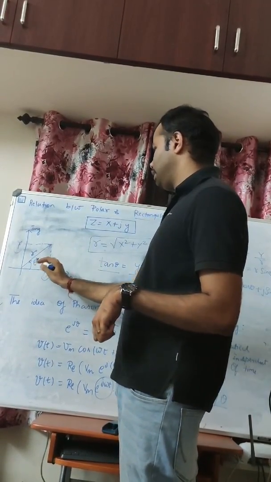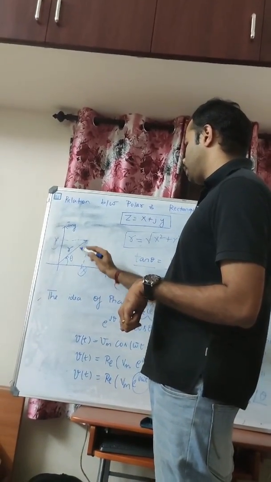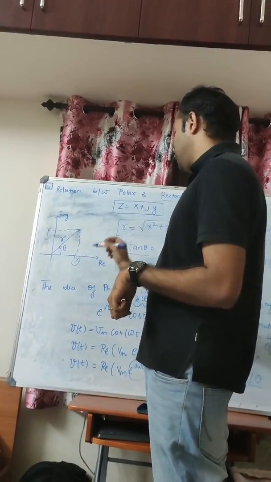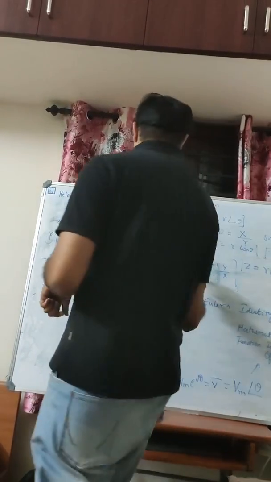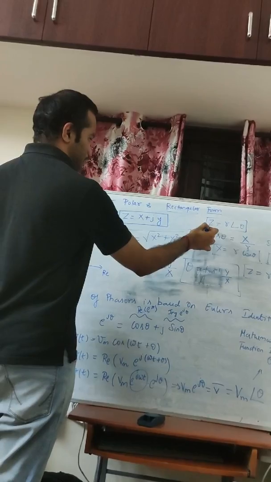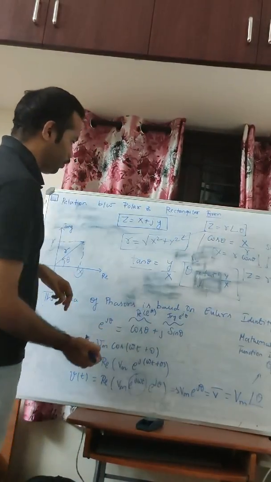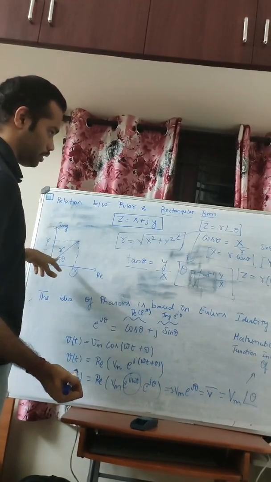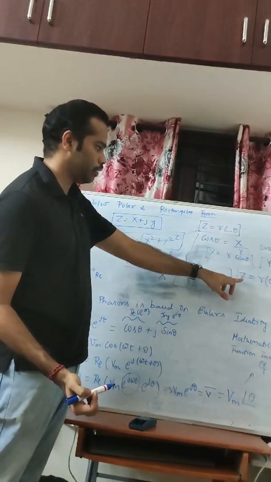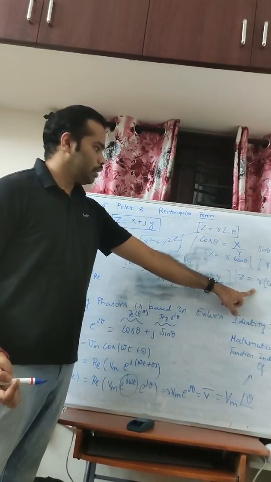If I want to compute theta, I know what y is and what x is, based on which I can derive theta. With that I can represent the polar form. Similarly, in order to get the rectangular form, I need the cos theta and sin theta values, based on which I can get x and y, and finally relate them to my rectangular form.